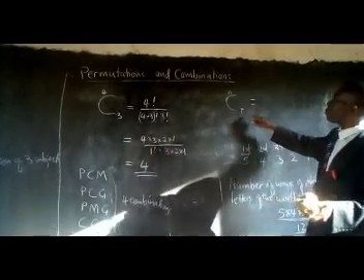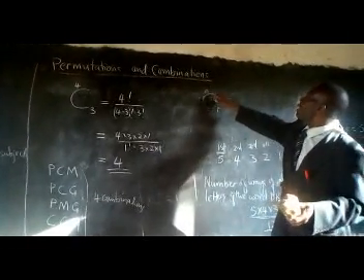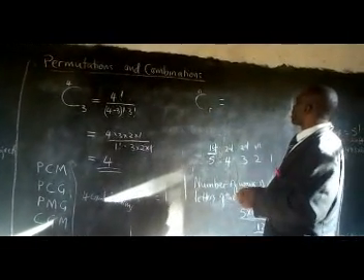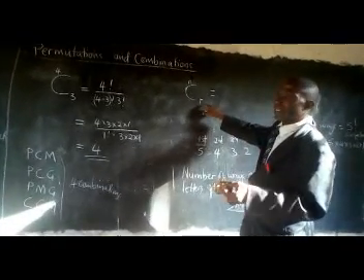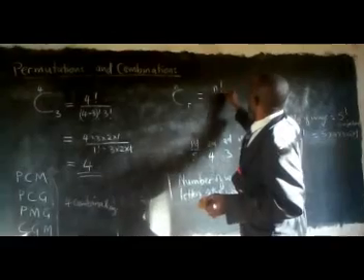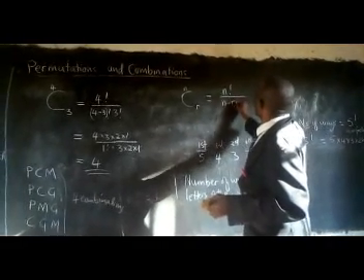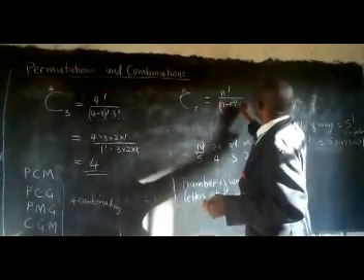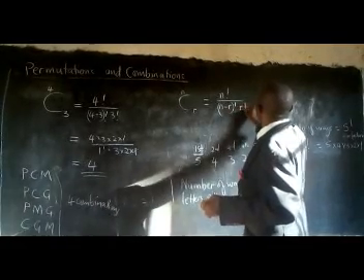Number of combinations. When you are given any n objects, taking R subjects is given as n factorial over n minus R factorial times R factorial.